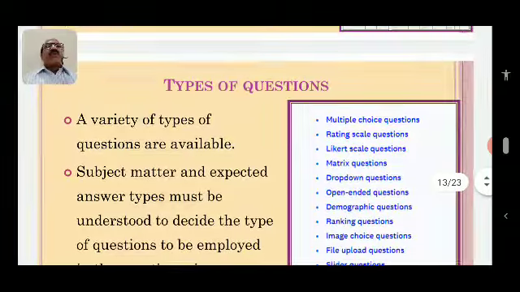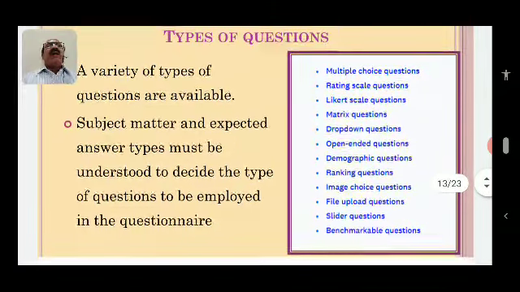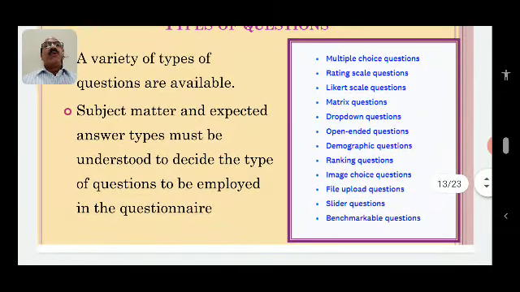Then types of questions. A variety of types of questions are available to be placed by the researcher. Subject matter and expected answer types must be understood to decide the type of questions to be employed in the questionnaire. What sort of answer? What should be the possible range of answers must be thought of beforehand.